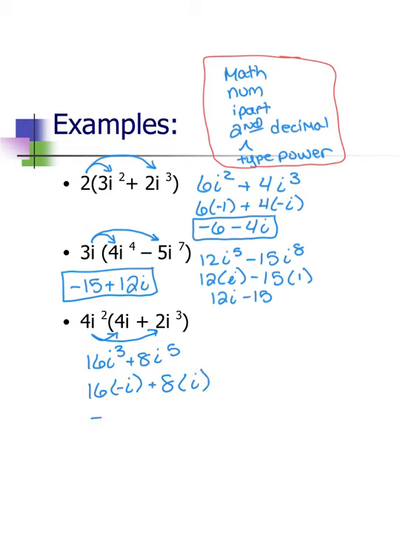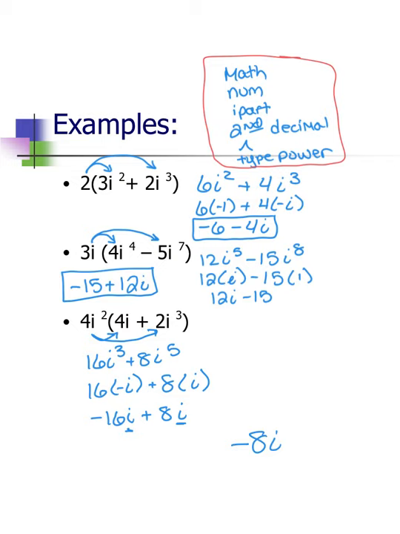So now this becomes -16i plus 8i. If you notice, they're both an i term, so I can add them together. -16i plus 8i is -8i. I'll accept this as an answer.